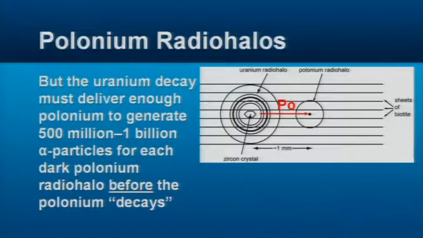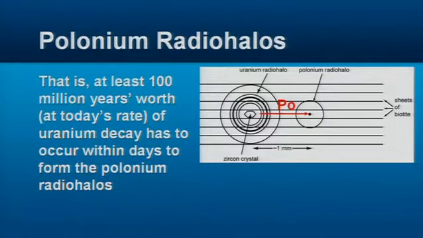So you have to have a mechanism to deliver enough polonium from the zircon crystal to a nearby location in the biotite crystal with enough alpha particles to form each dark polonium radiohalo before the polonium decays. And the answer is quite simple, as we'll come to in a moment.